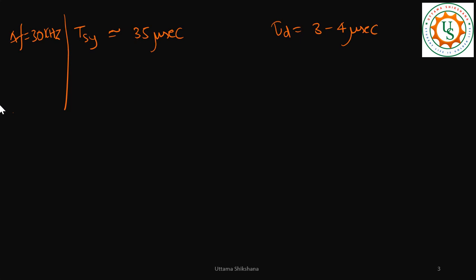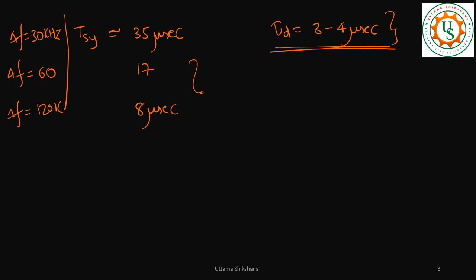Now let's say delta f is equal to 120 kilohertz. The symbol duration is around 8 microseconds, but this is still greater than 3 to 4 microseconds. That is why these subcarrier spacings are used for a different cell size. We can call it a small cell size.